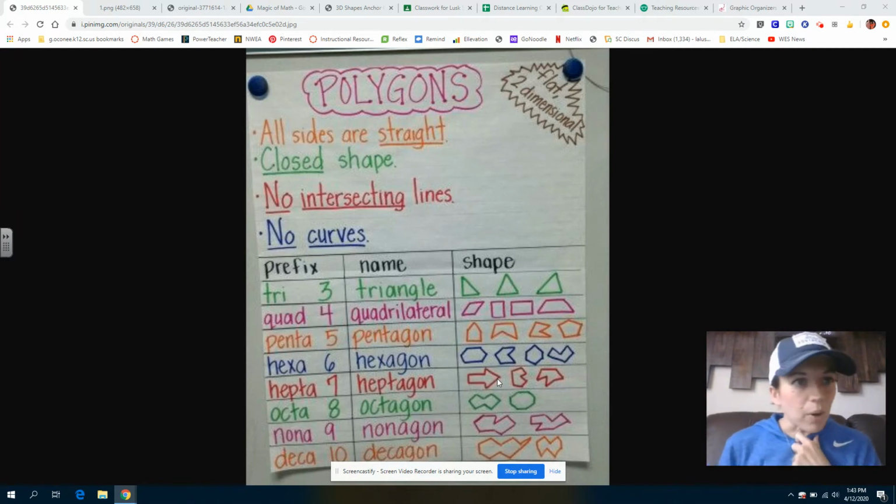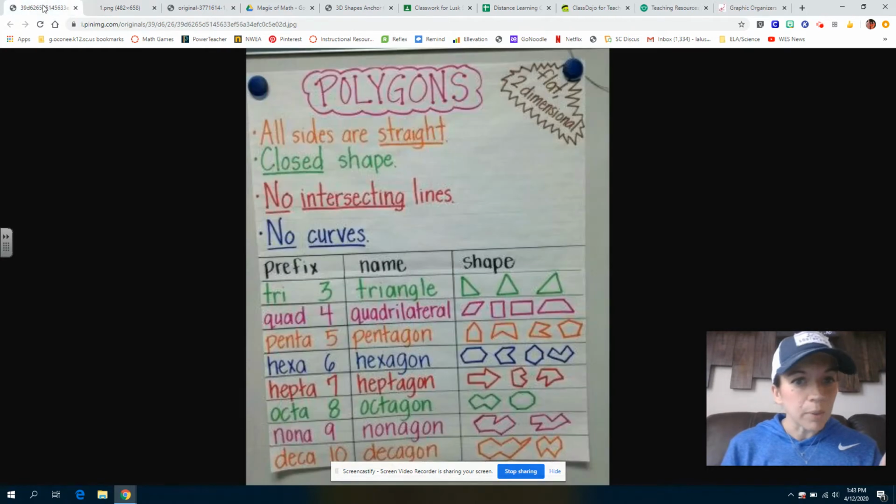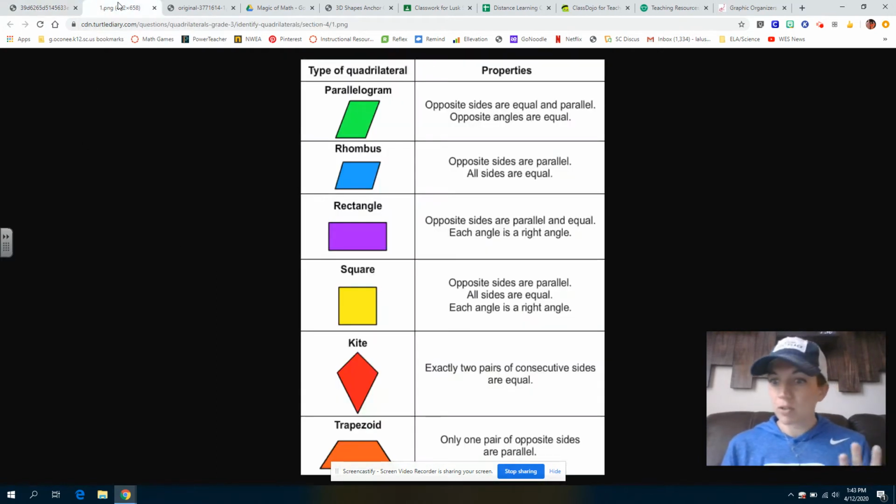The next thing I want to go over is the quadrilaterals right here. Quad, remember on this poster, quad meant four. So quadruplets are four siblings that are identical. Your quad muscles, I'm assuming there's four of them.